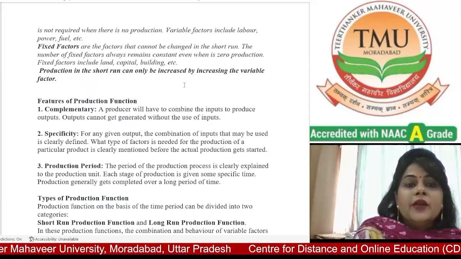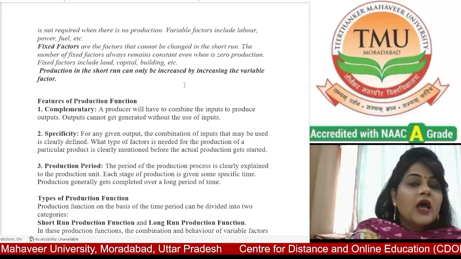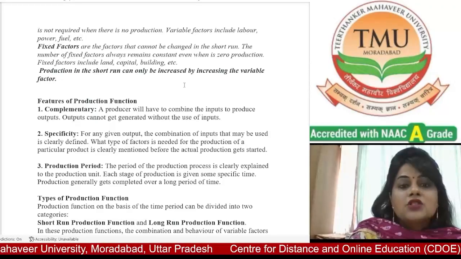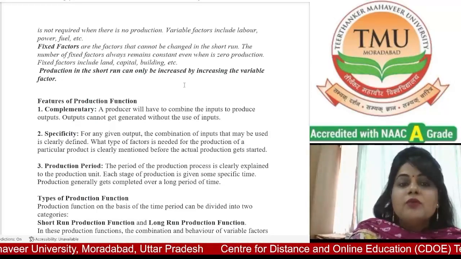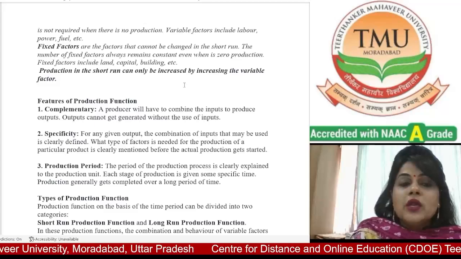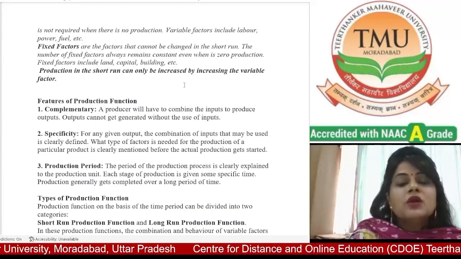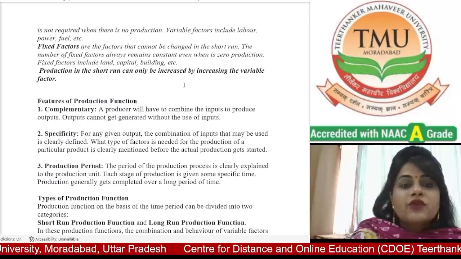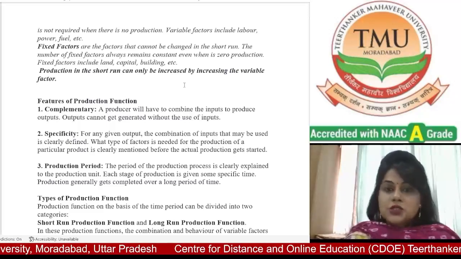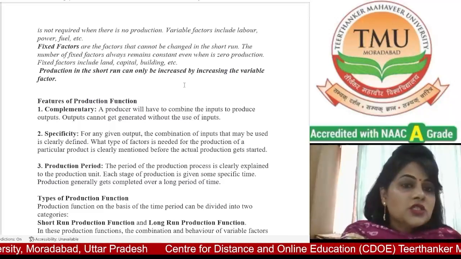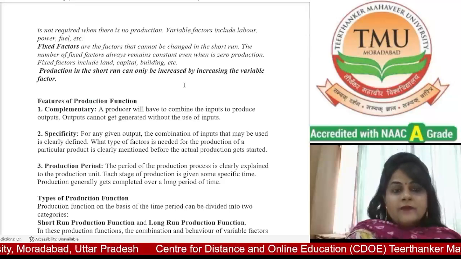To construct a new plant or expand the existing one for changing the output of the firm will take time. So it is not possible to increase the fixed factor in the short time. We can adjust it in the long time.